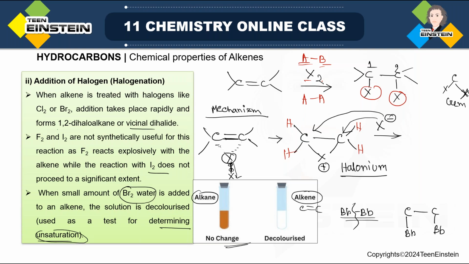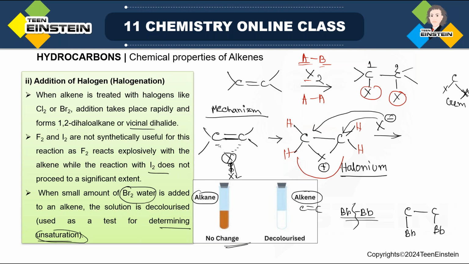But the important thing is that this is a proof of anti-addition. It means that this X minus is added from the opposite side of the halonium ion. Because on this side you already have this three-membered ring, that is CXC.